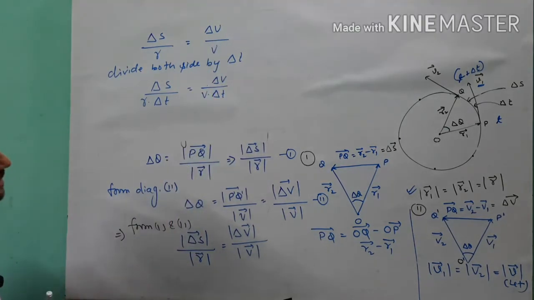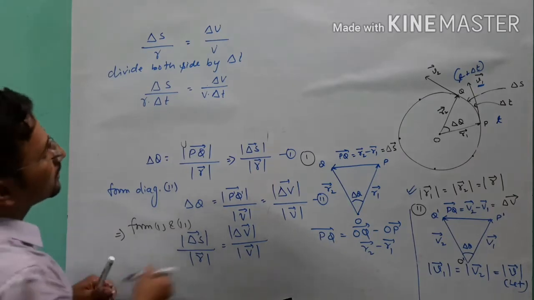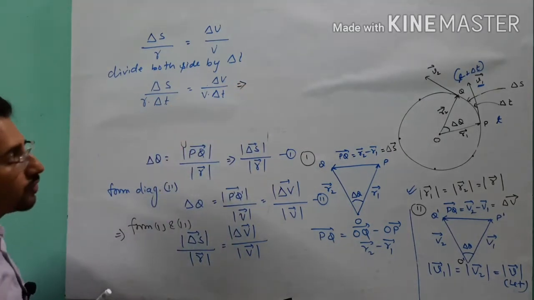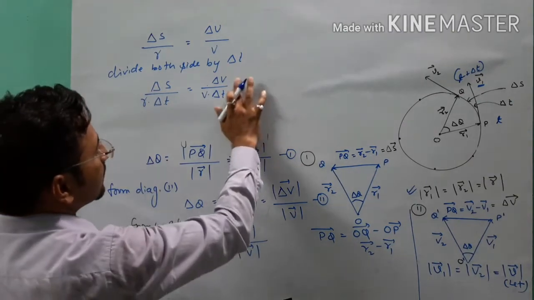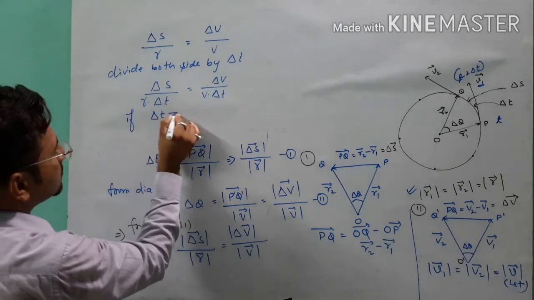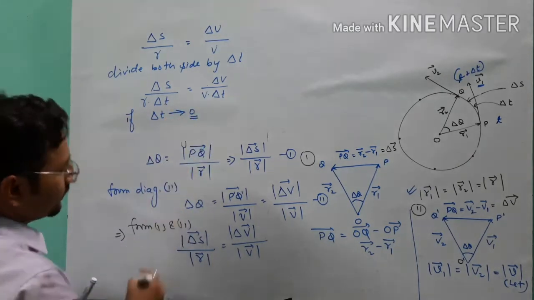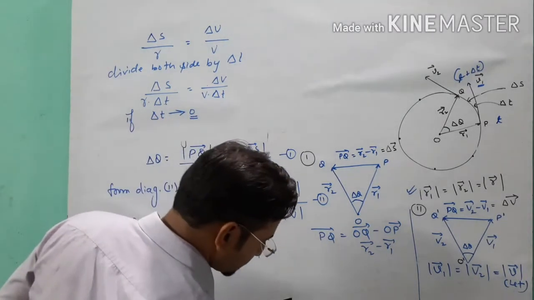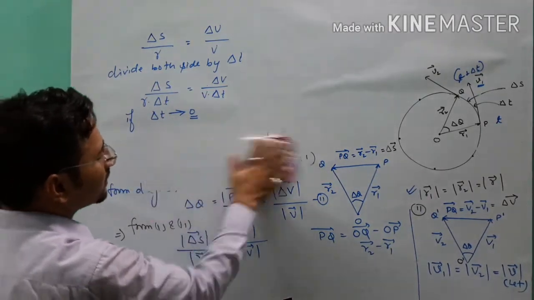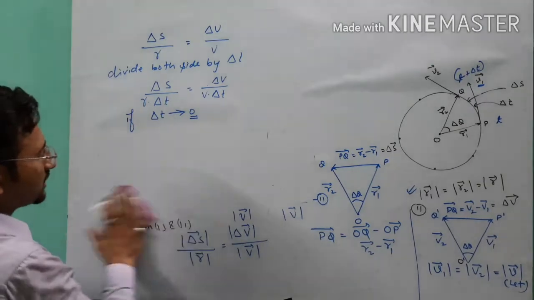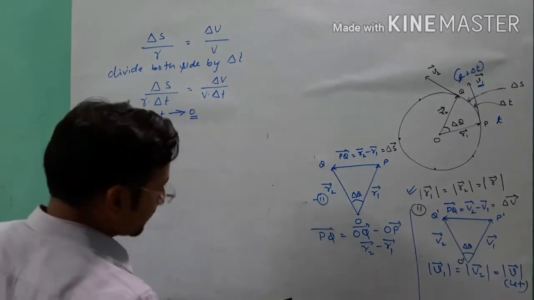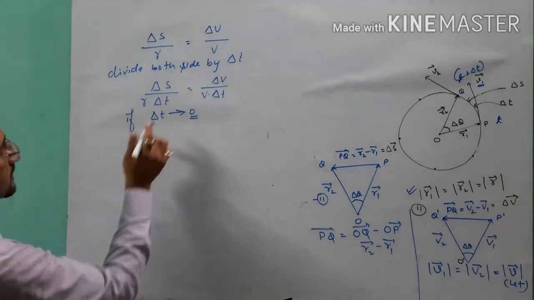See student, you have one relation, delta s over delta t. If suppose delta t tends to 0, if this delta t is very small, meaning the time interval is very small, that time you will write this last conclusion in this way.